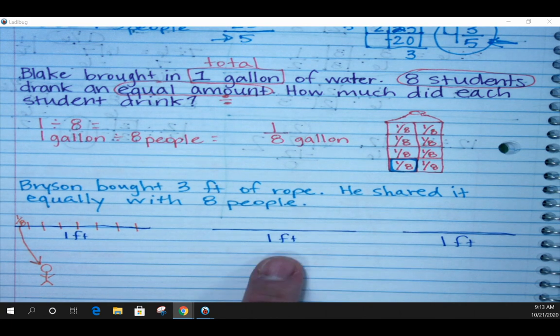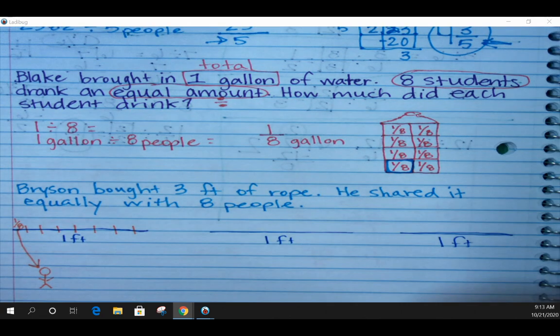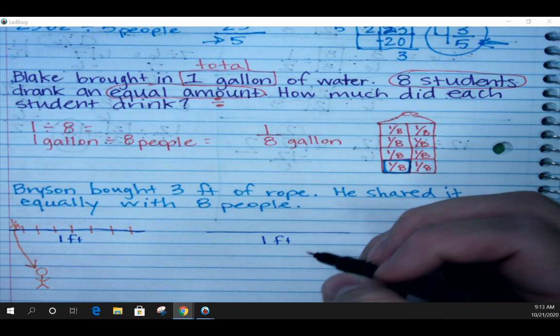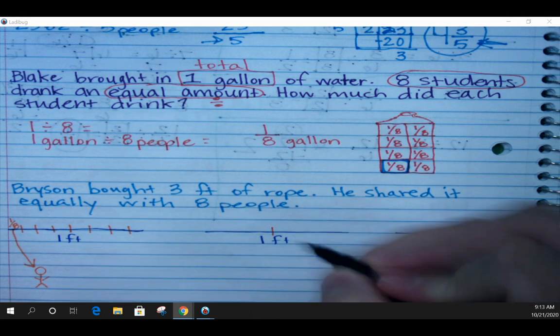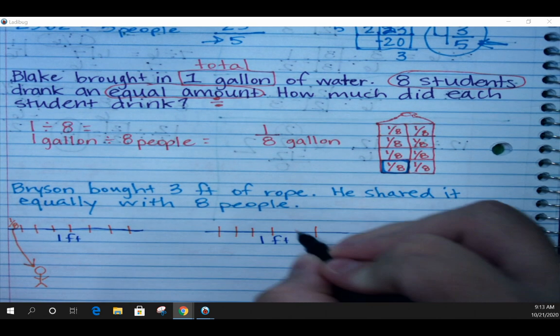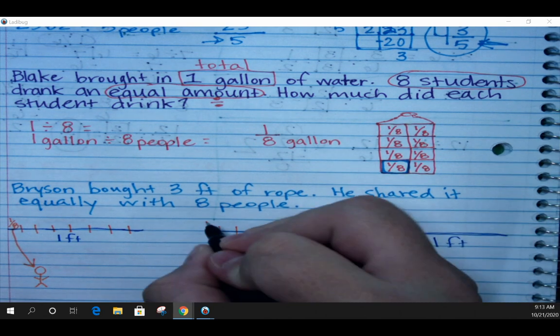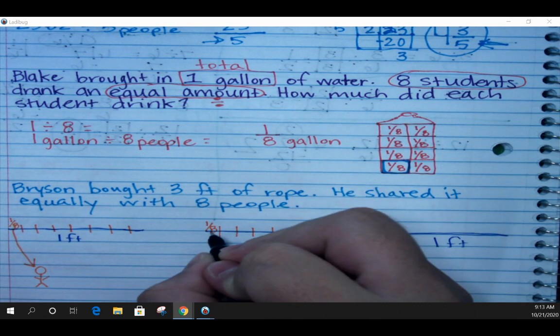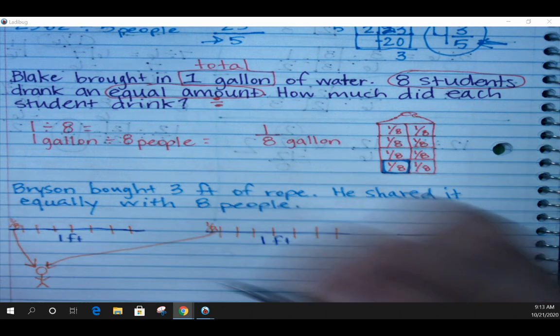But guess what? Here's another foot of rope. So we got to cut it into 8s. Half a half is 4ths. Half of the 4ths is 8s. So here's an 8. Person 1 gets an 8th from there.